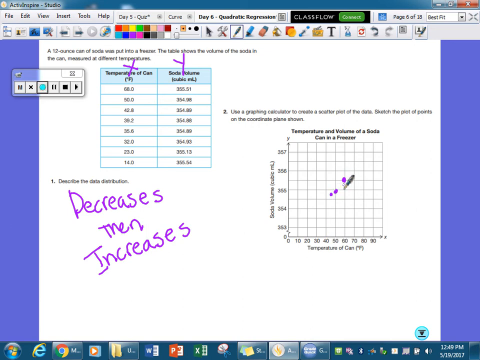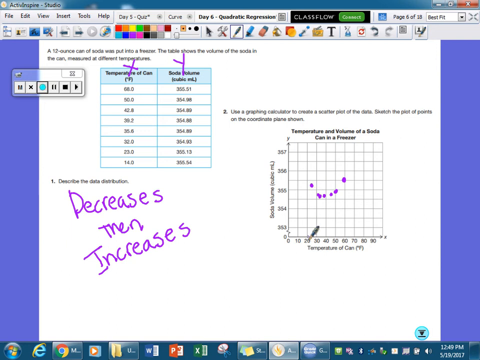See how it's decreasing? 39, about right here. 35, 354.89. 32, 354.93, so we're getting a little bit above. 23, 355.13.